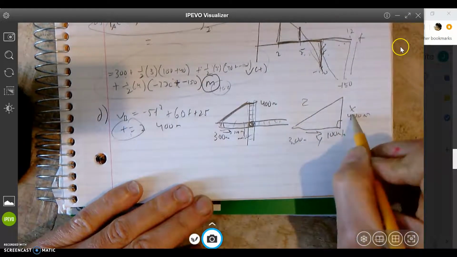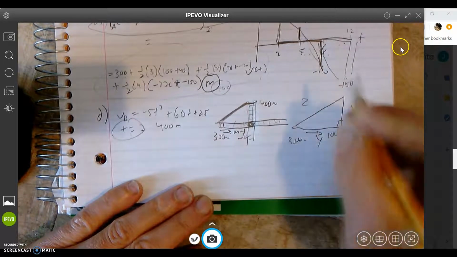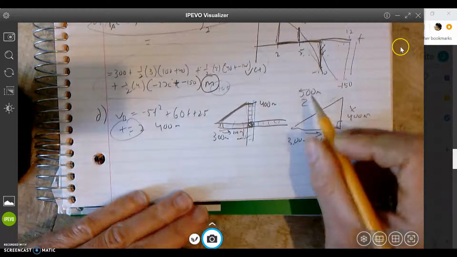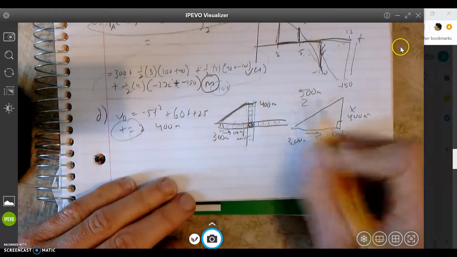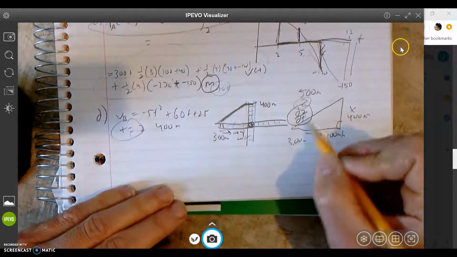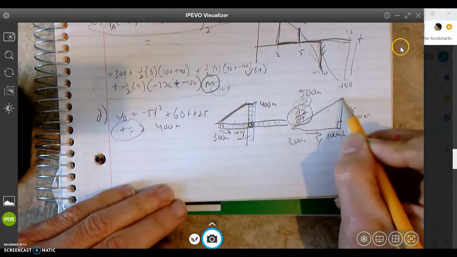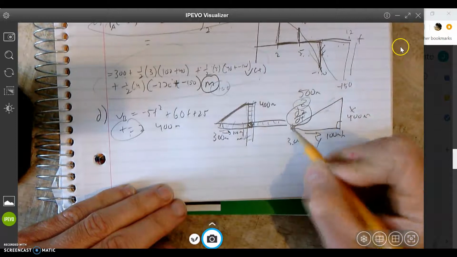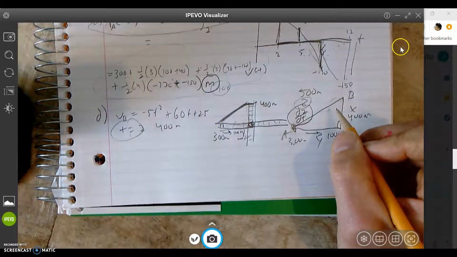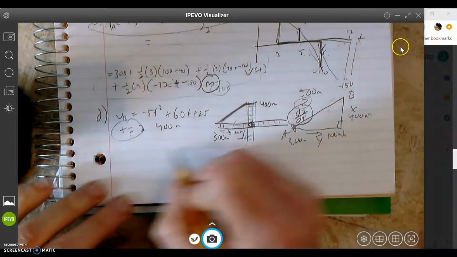That's a 3, 4, 5 right triangle, right? So this distance is going to be 500 meters. Use the Pythagorean theorem. And this is also the rate of change I want: dz/dt, how this distance between train A and train B is changing over time. Got it.